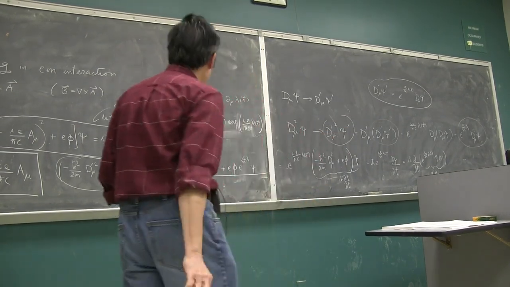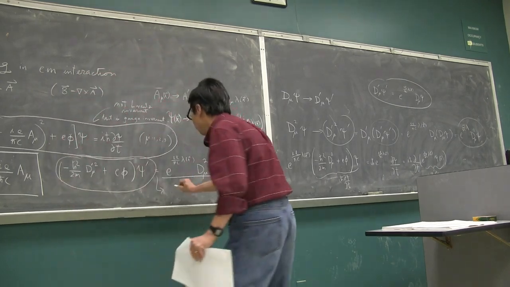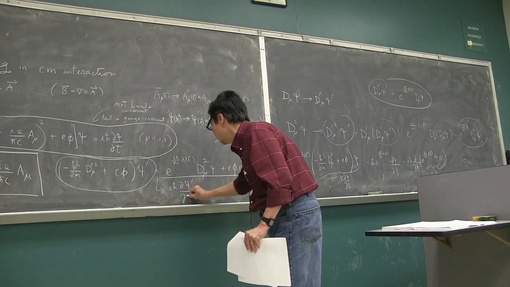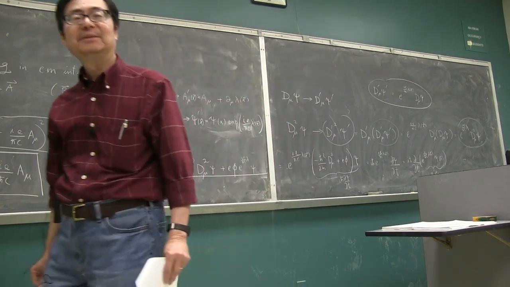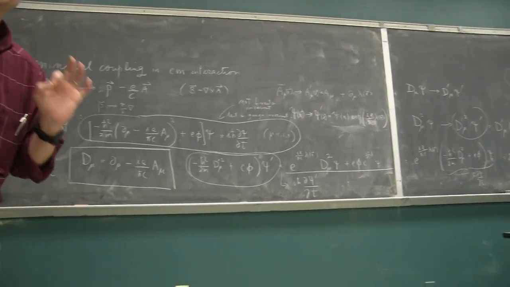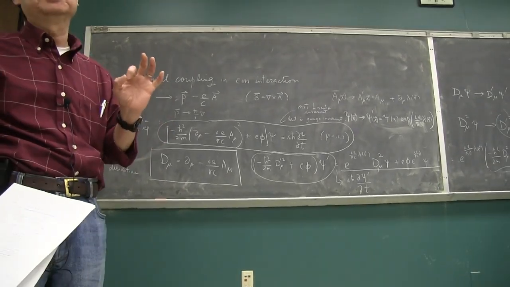The far right-hand side is equal to i h bar d psi prime dt. Okay? So what does that tell you? The Schrödinger equation appears in exactly the same form in the new gauge. This is what we mean when we say that the Schrödinger equation is gauge invariant. It appears exactly in the same form in any gauge whatsoever.